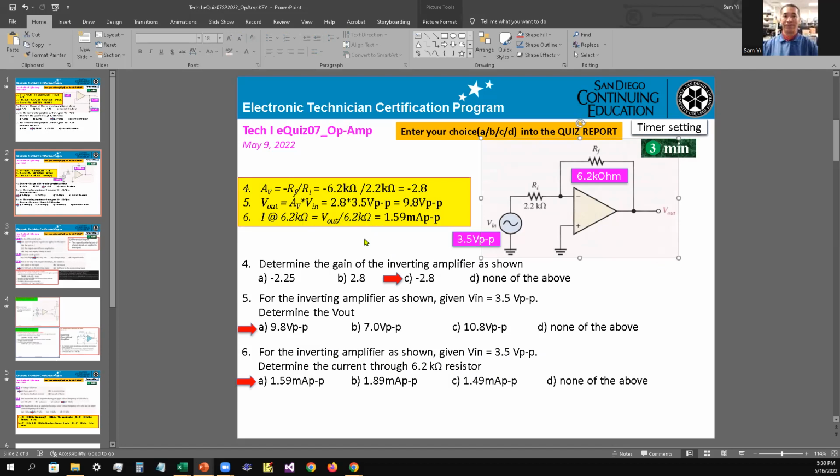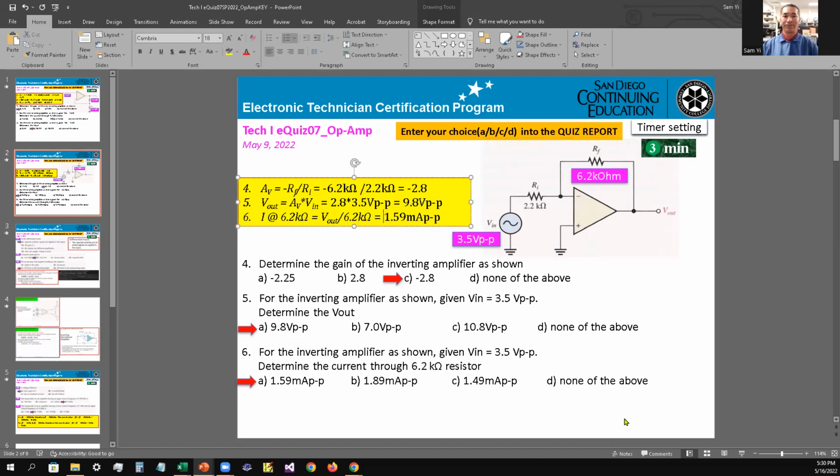So therefore, you got the V out was 9.8 volt divided by 6.2 kilo ohm. That's how you come up to 1.59.